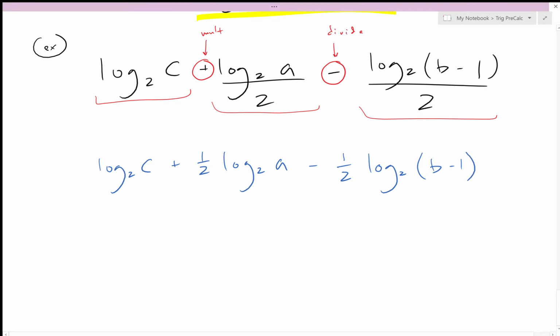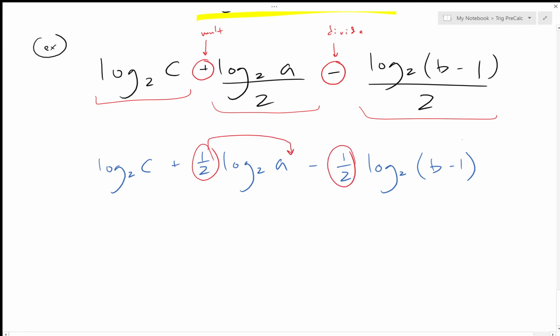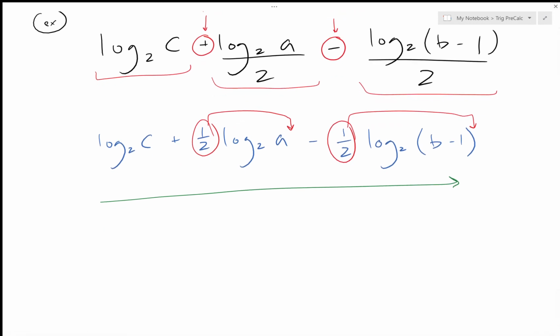All right, so let's see. On the first one, there is no exponent to travel. This one does have an exponent to travel there. This exponent will travel here. Don't carry the negative with it. Remember, the negative means divide. So, in the end, you want to carry these things from left to right. That's usually a good idea. So we're going to condense this down into one log term.